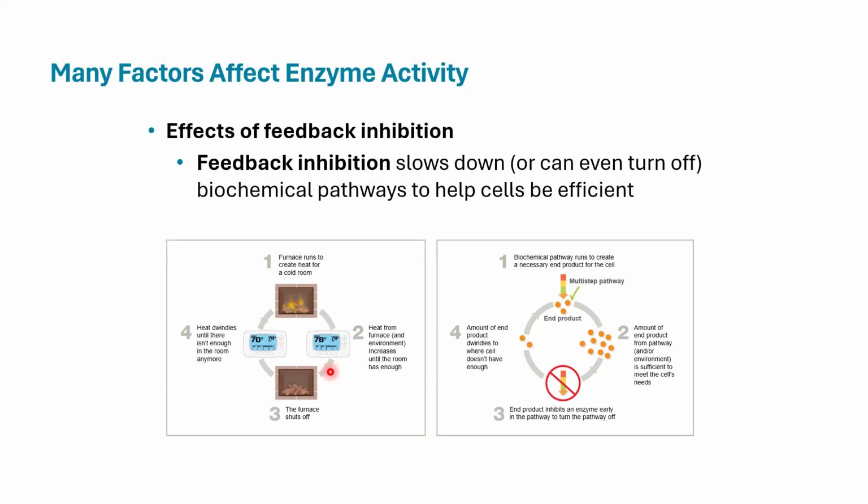So if you, for example, are making tryptophan and you make enough that you can start affecting transcription of the trp operon, then you're going to slow down the production of the enzymes necessary to actually make the tryptophan.